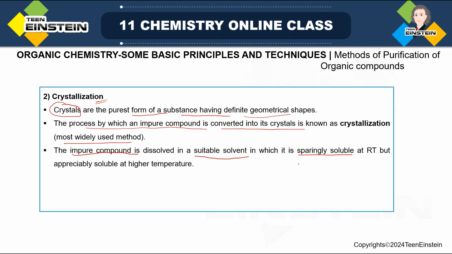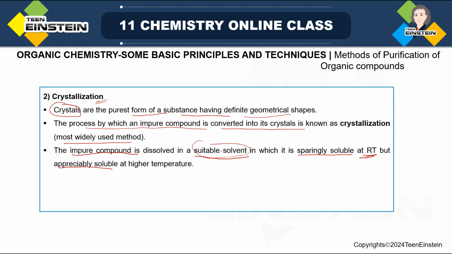Suppose you dissolve it in some solvent and it quickly dissolves, then it will not work, because if its solubility is very good, crystals will not come out easily. So it is better if it is sparingly soluble at room temperature. But if you provide heat, then it has appreciable solubility. If this situation is present, then we can say it is a suitable solvent.